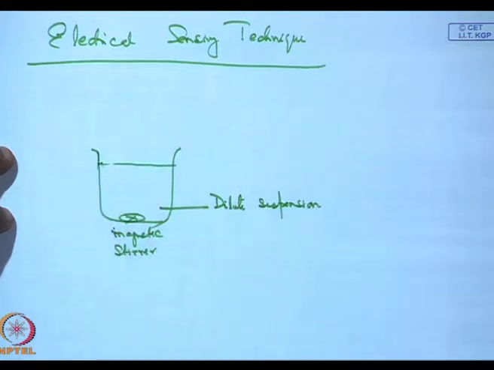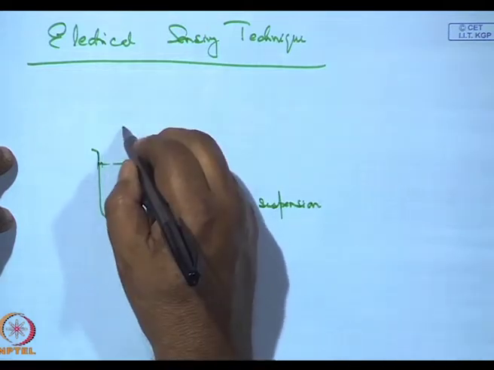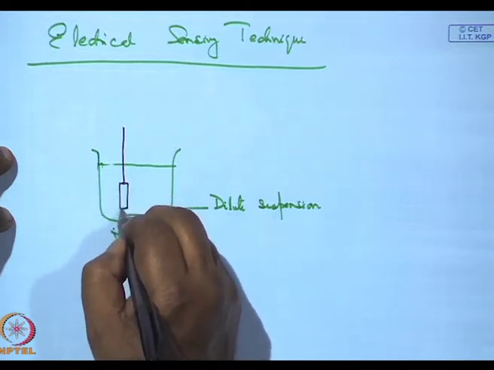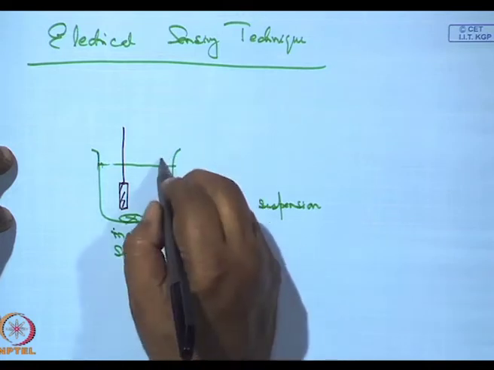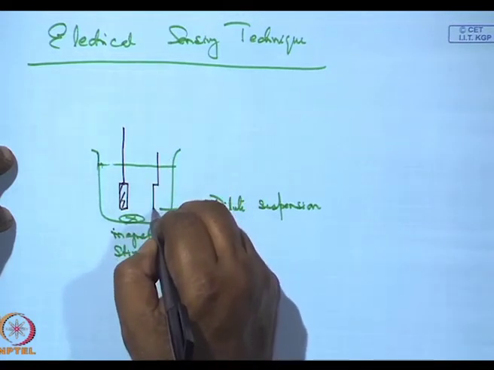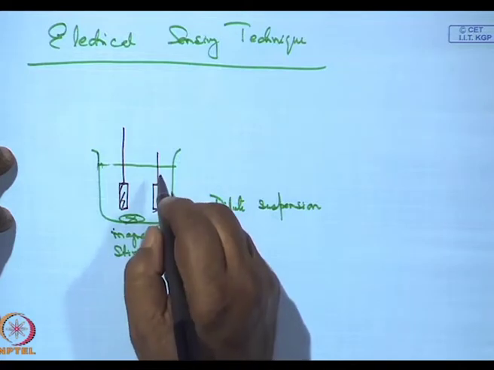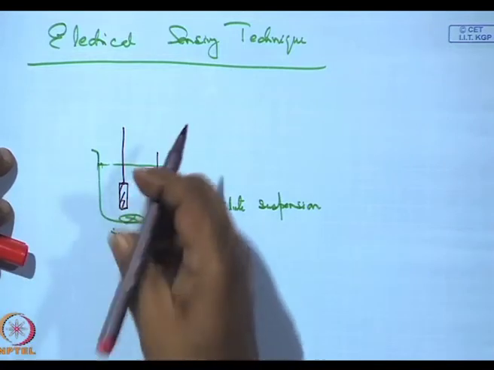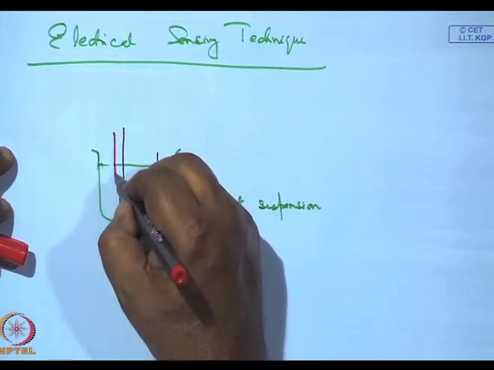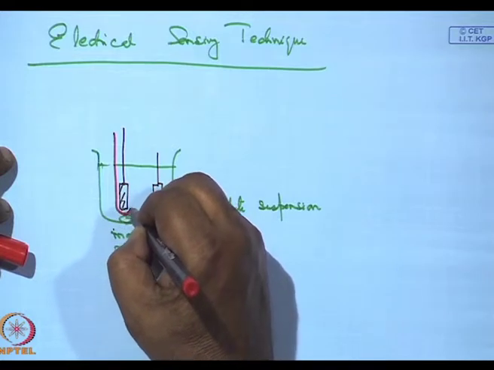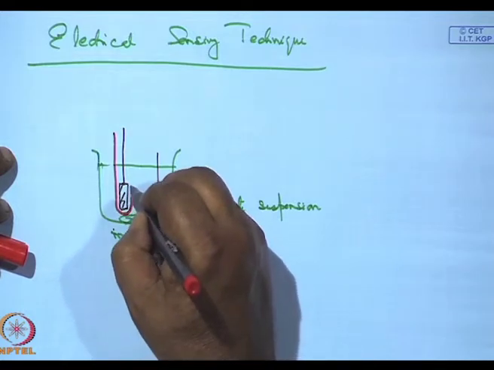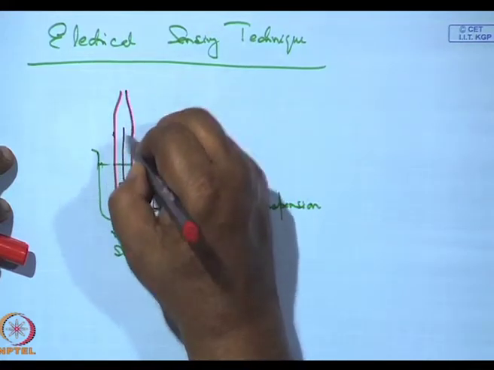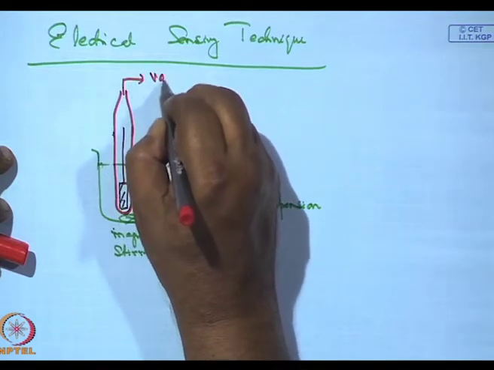This is a liquid. You have an electrode here, you have a counter electrode over here, and this one is encased in a tube with a small hole. And this goes to a vacuum pump.